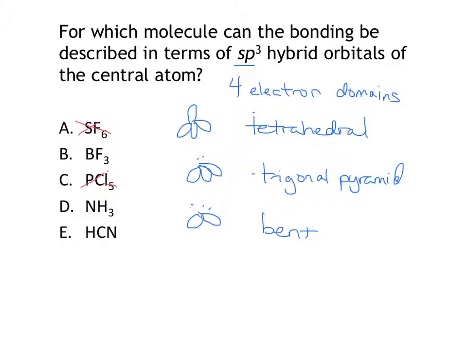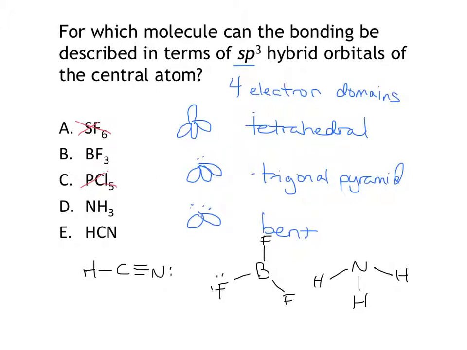And the reason it can't be HCN is because that guy looks like this. Okay, so that's linear. It really only has 2 domains. So if we were going to draw BF3 and NH3, I wouldn't necessarily say exactly the same, but they both have 3 bonds coming off that central atom.